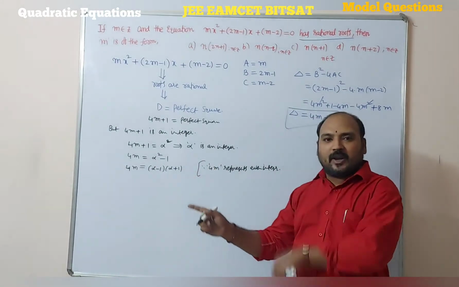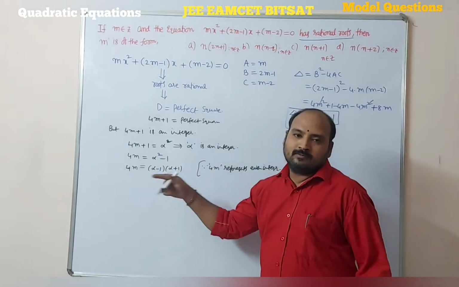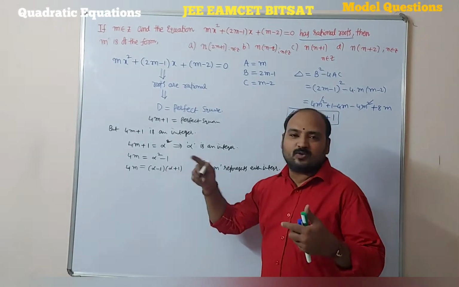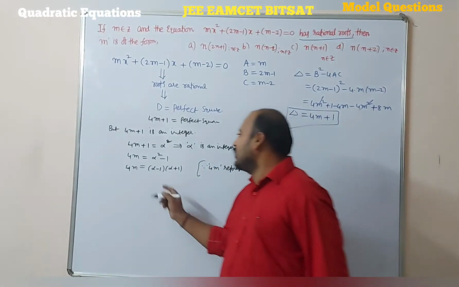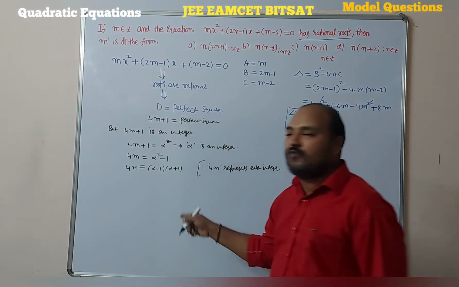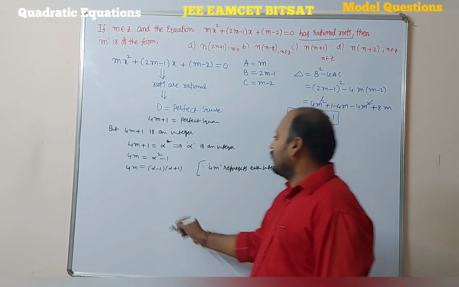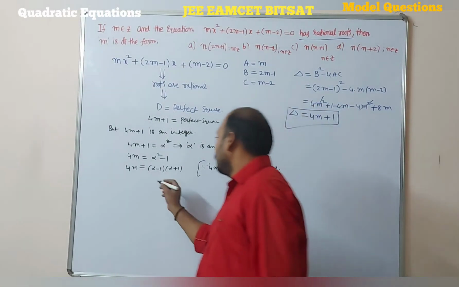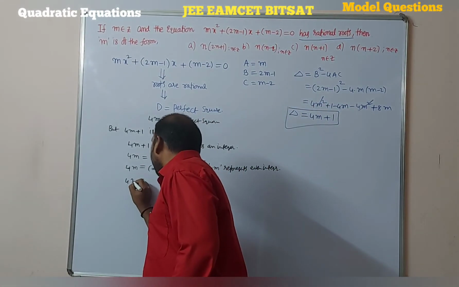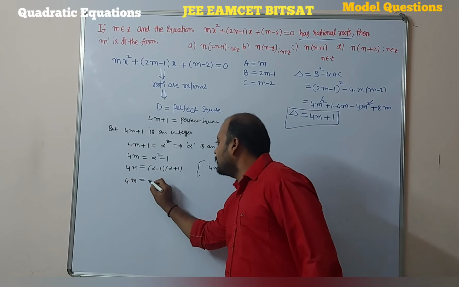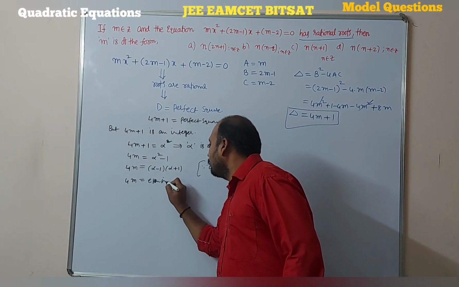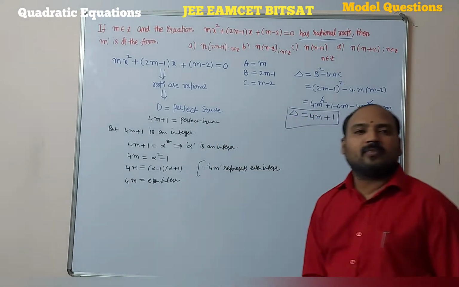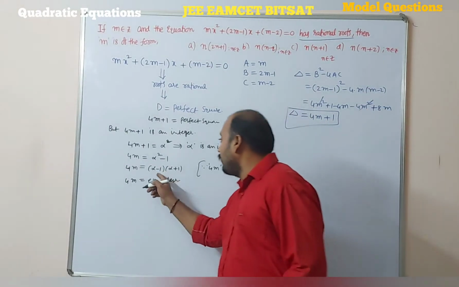In this, if you subtract, it will become odd integer. Alpha plus 1 also odd integer. So alpha minus 1 and alpha plus 1 both are odd. 4m is an even integer. Alpha minus 1 and alpha plus 1.